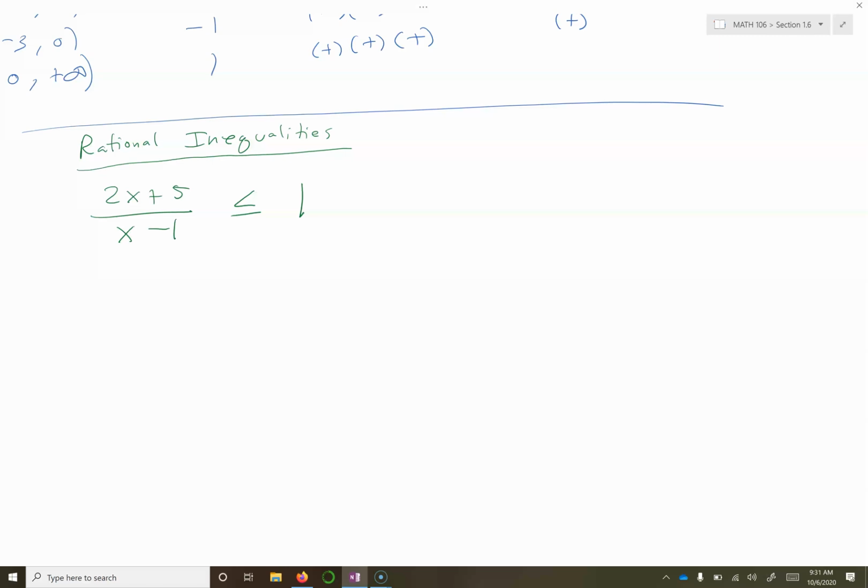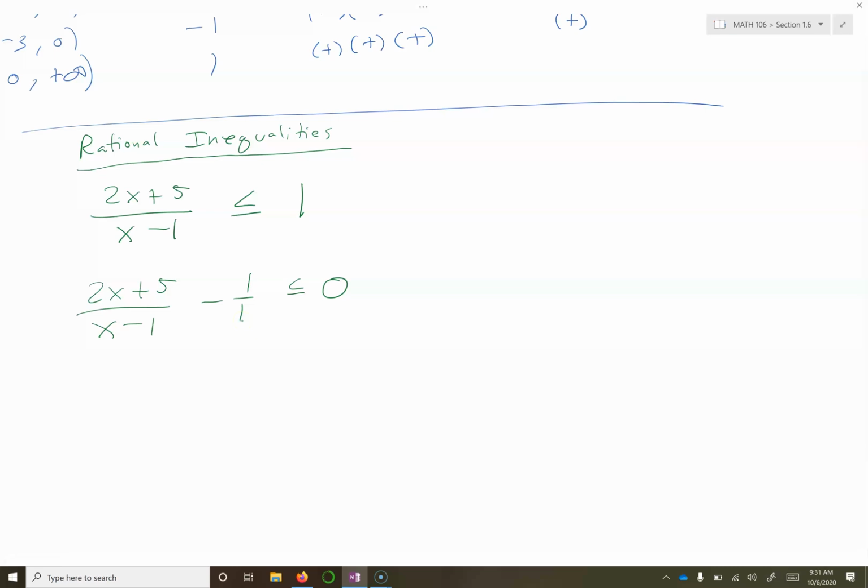So what we're going to want to do is get every term on one side of the equation. Okay. Now what we have to do here is combine that rational expression with that 1. Now that 1 really, remember, is 1 over 1, right?